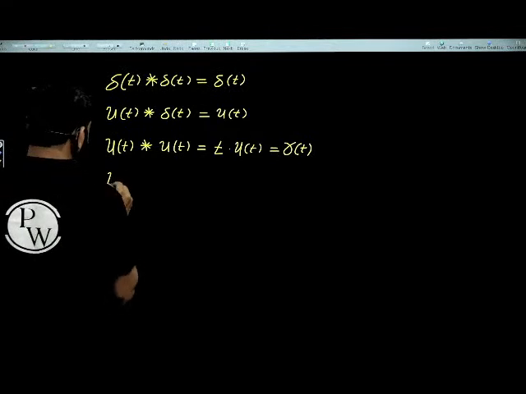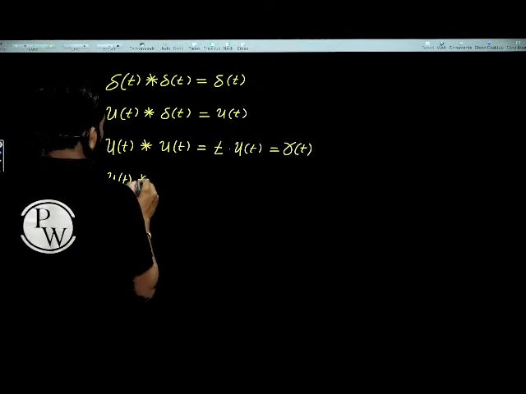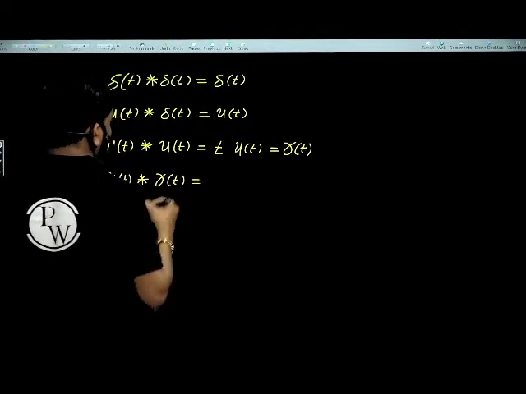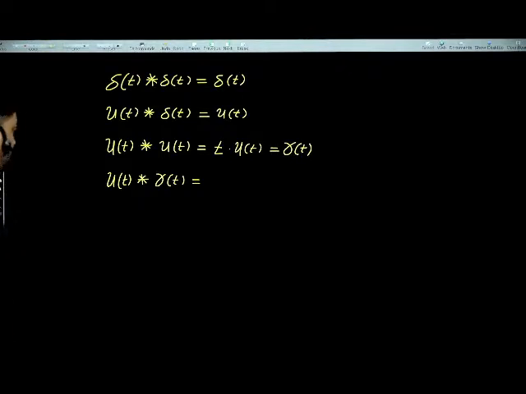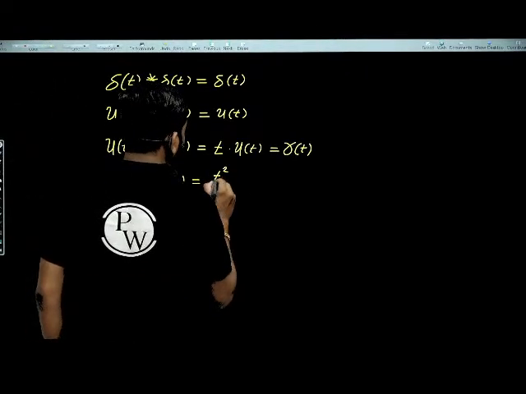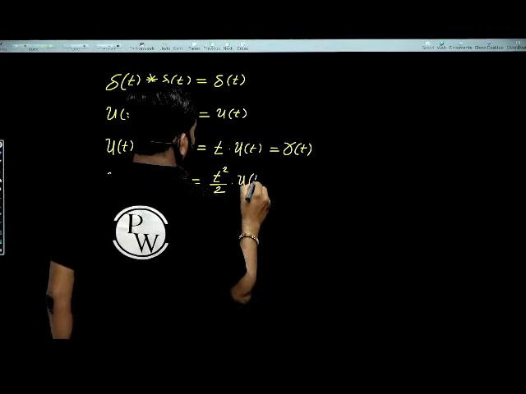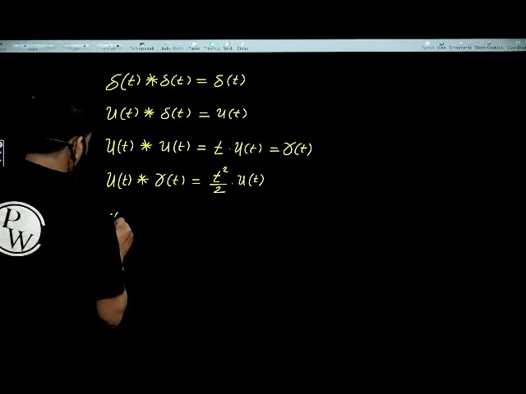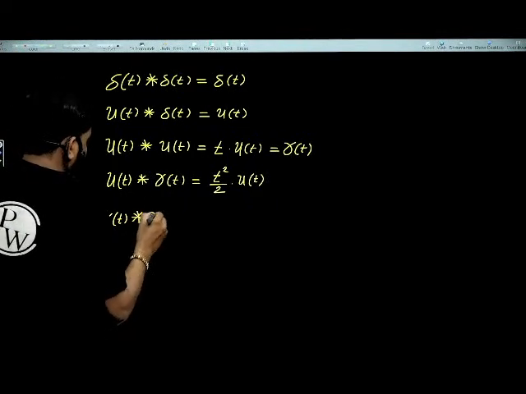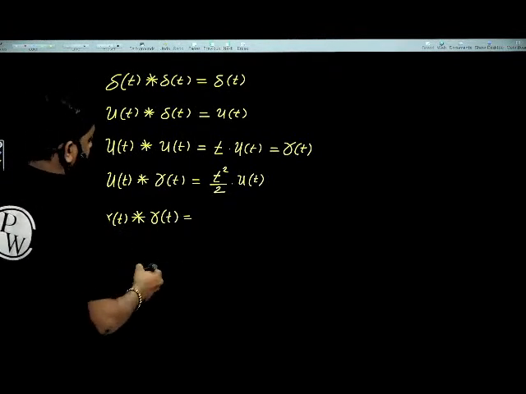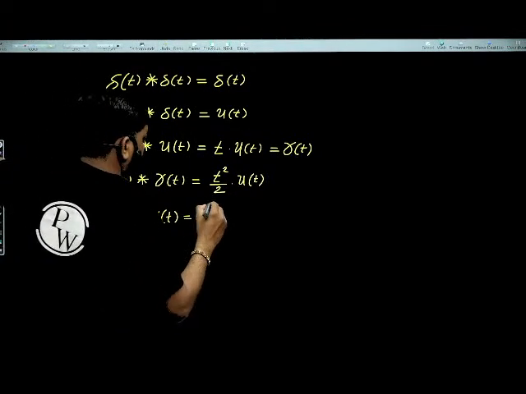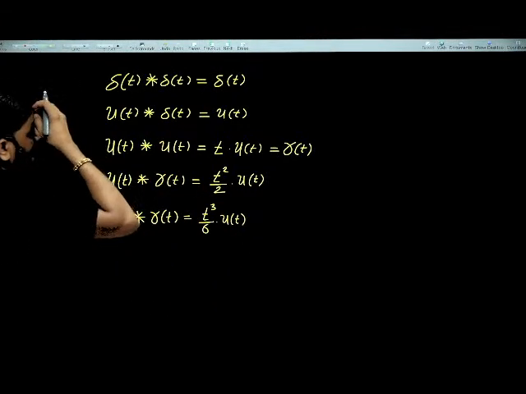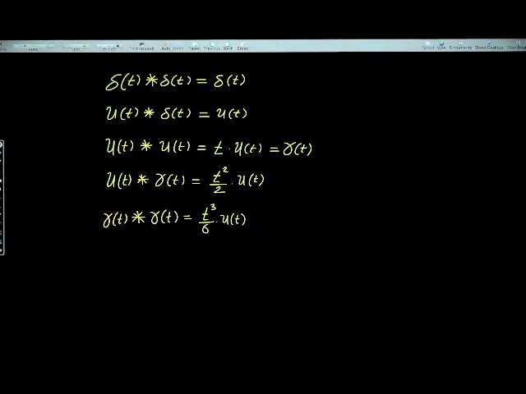Next is u of t with r of t, guys. U of t with r of t is nothing but t square by 2 into u of t, a parabolic function. And we have just seen that ramp function with ramp function is t cube by 6 into u of t, guys.